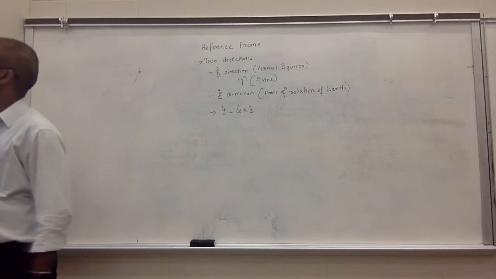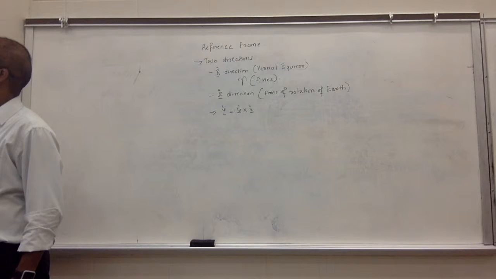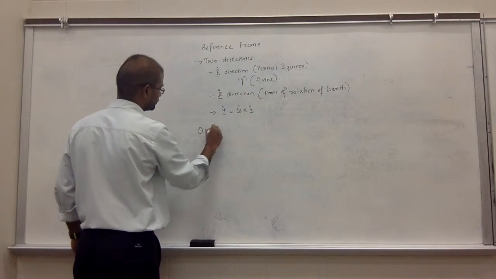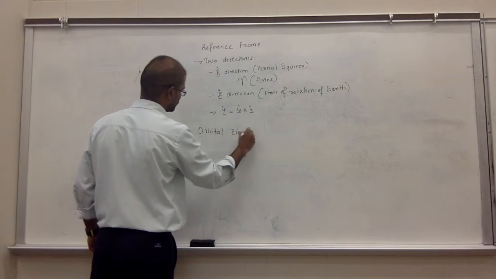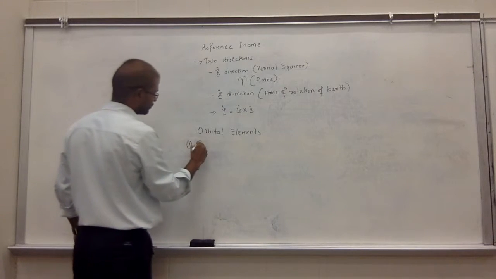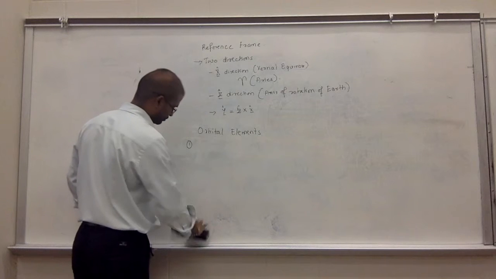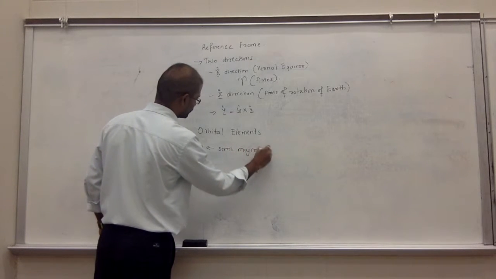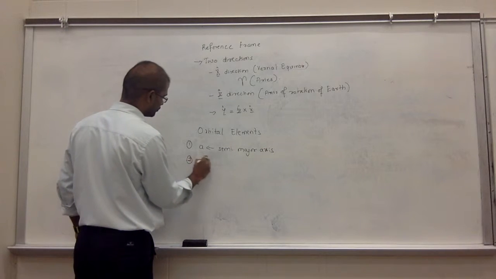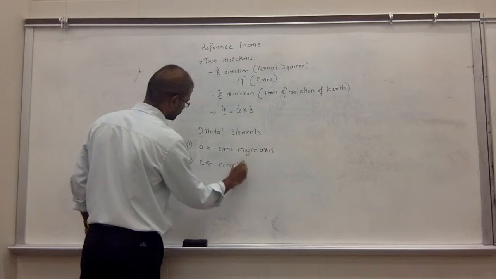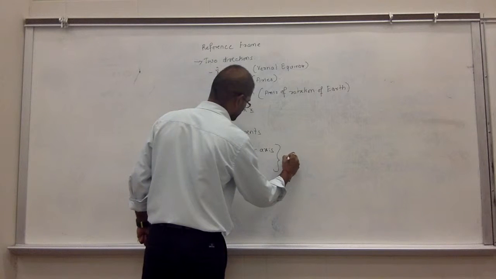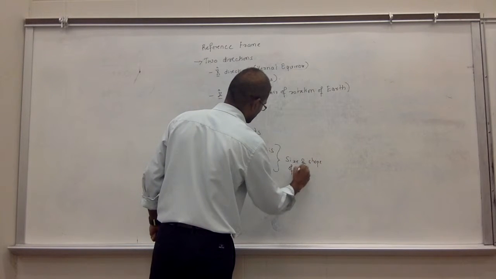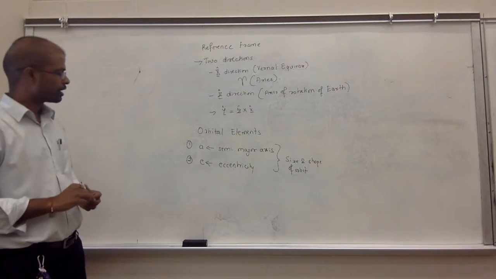So now if you look at this, let's start with orbital elements. Okay. We start with A and E.